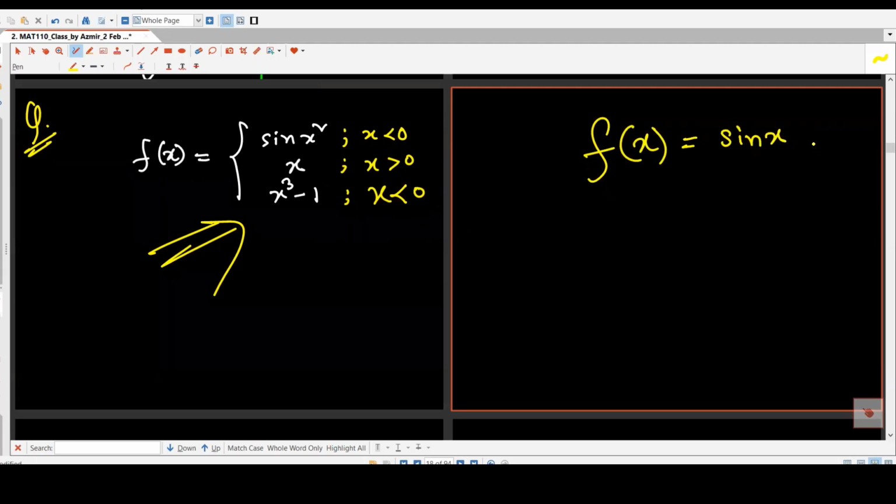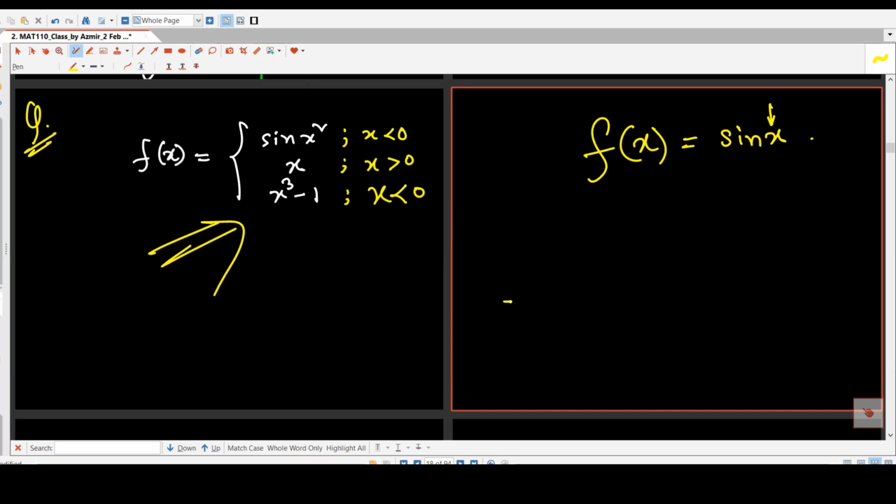You can understand that this sine x has the domain of the real numbers. That means x can be anything. x can be 0, x can be 30 degrees, 45 degrees, it can be 1000, it can be minus 5000, anything. So we can plug any value here.